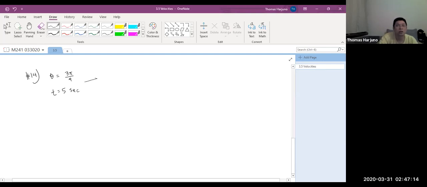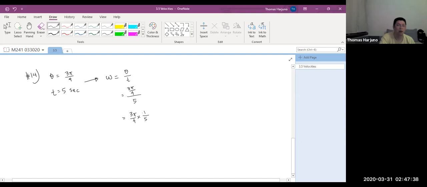So what is the angular speed? The angular speed will then be theta over t, which is 3 pi over 4 over 5. That will be 3 pi over 4 multiplied by 1/5.